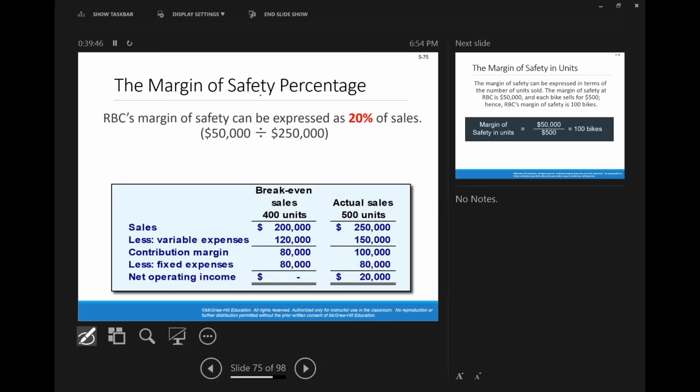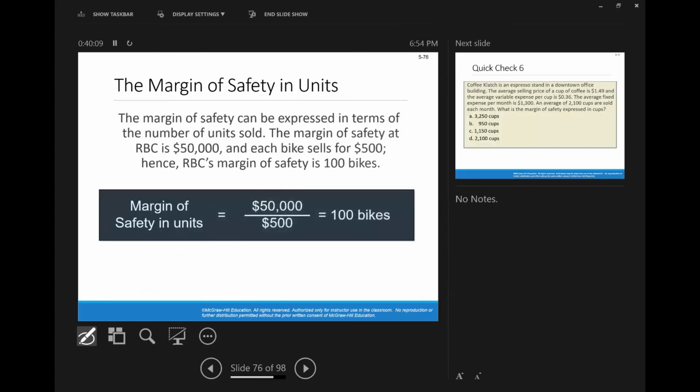RBC's margin of safety can be expressed as 20% of sales. We have that 50,000, which is the difference between the break even and what we're selling, and you divide it by the actual sales, which is the 250,000. That's how we get the 20%.